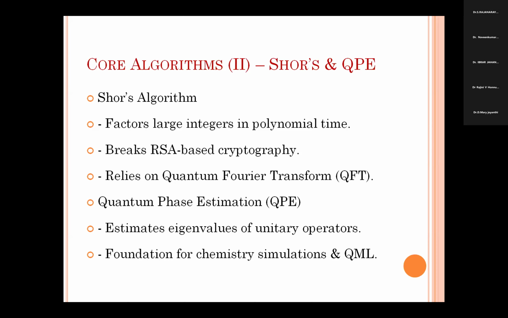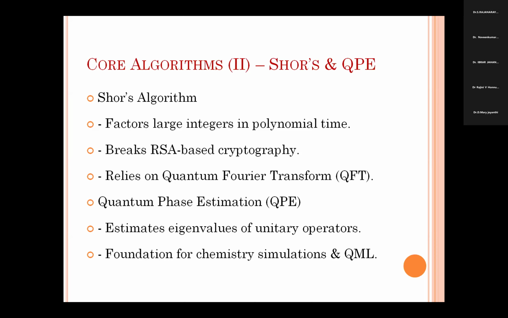Classical factoring takes exponential time, but Shor's algorithm uses polynomial time. How do we calculate that polynomial time? The formula used is order of log n to the power of q. So this is Shor's algorithm's polynomial time.